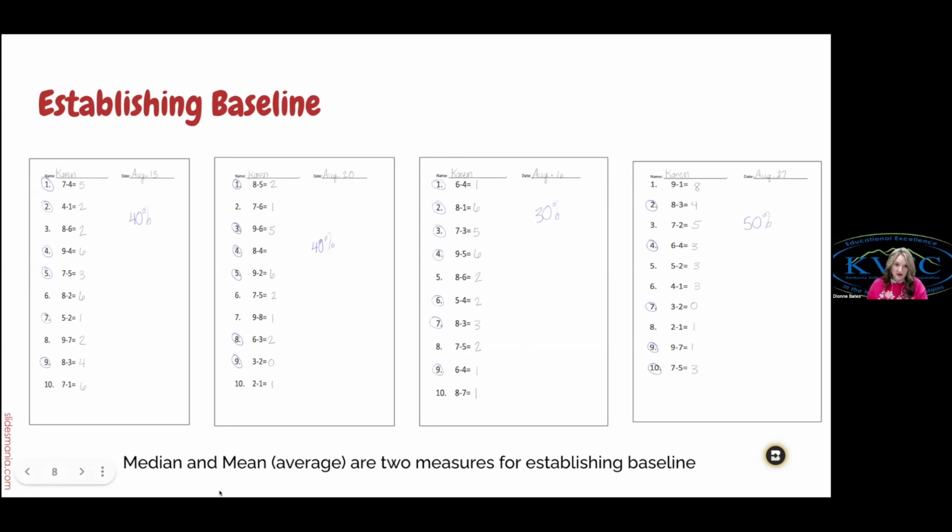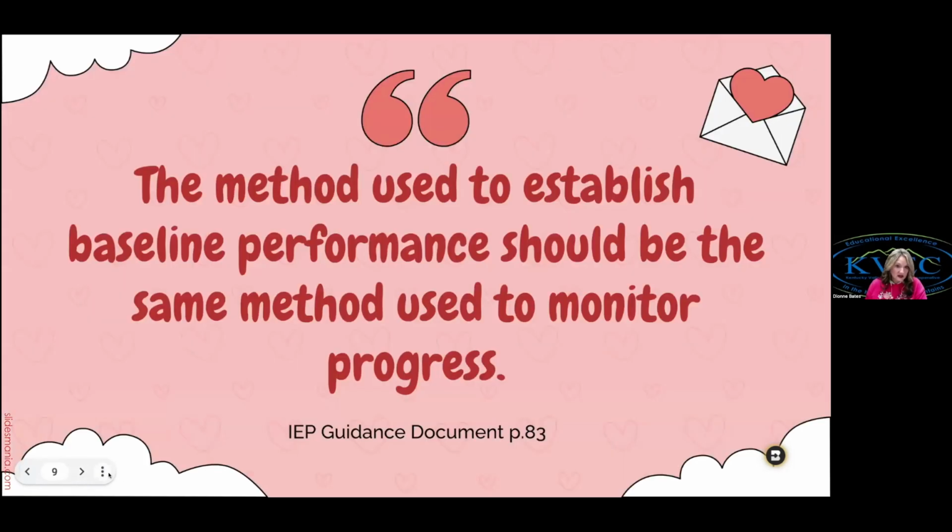So that's really important. That's one of the first pieces that we use when we're starting to think through this process of progress monitoring. We get mixed up on this one sometimes, so let's spend a second talking about it. The method that we choose to calculate baseline performance should be the same method that we use to monitor progress.